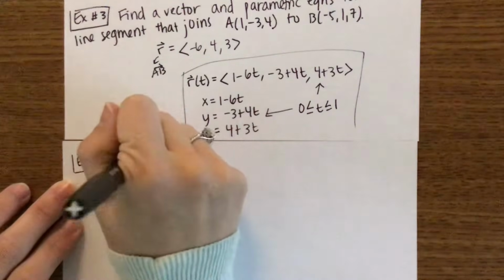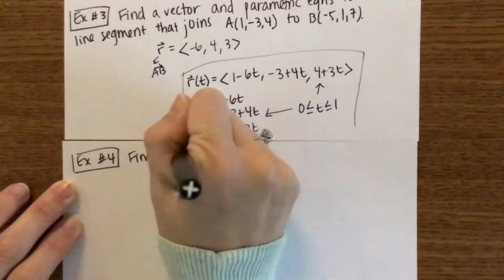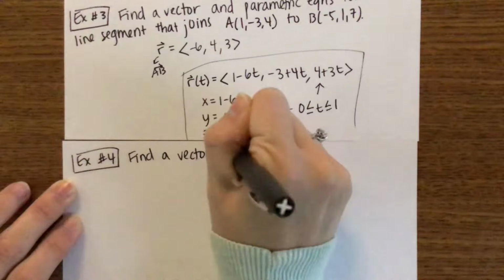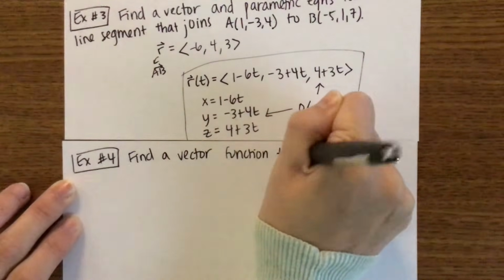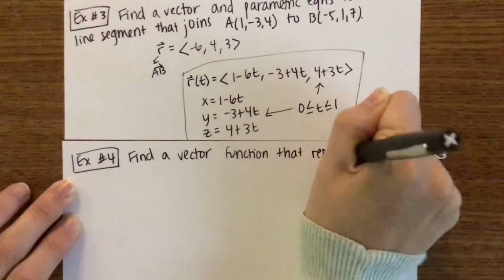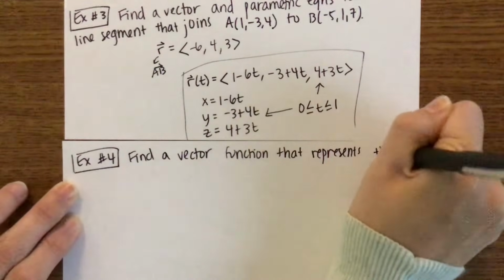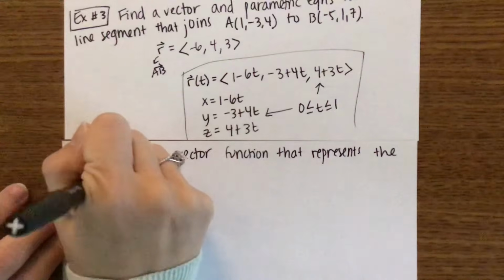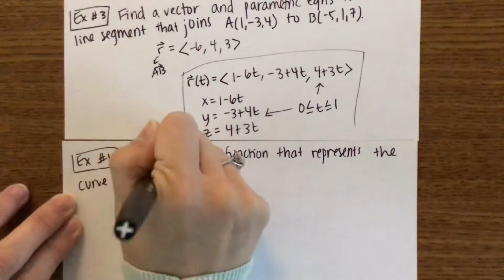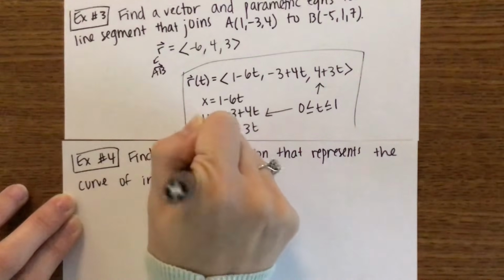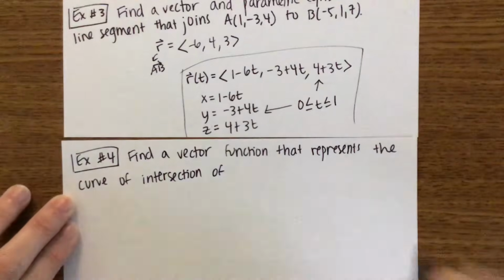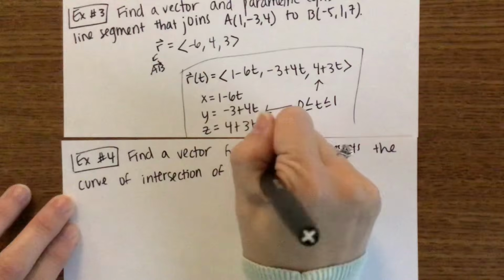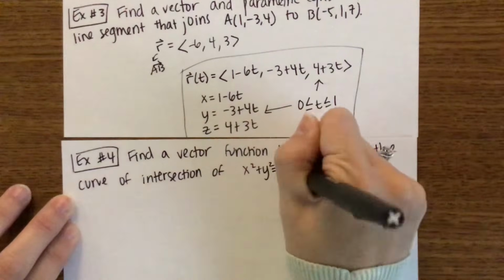Find a vector function that represents the curve of the intersection of the following 2 equations. First one is going to be x squared add y squared equals 1.